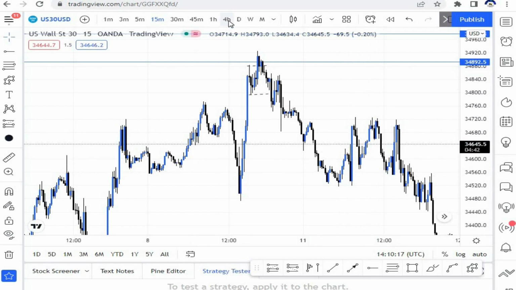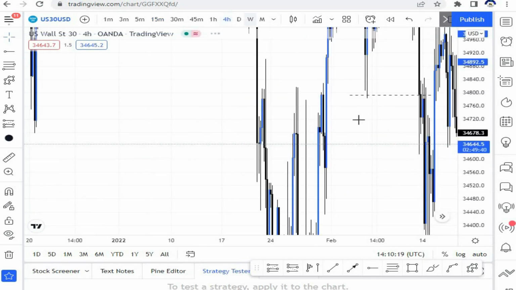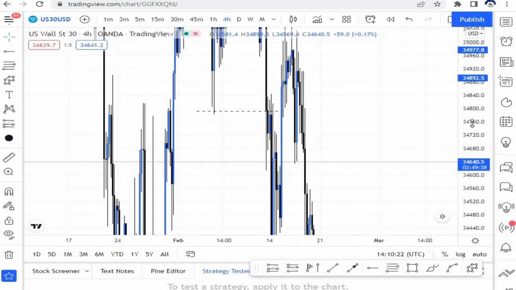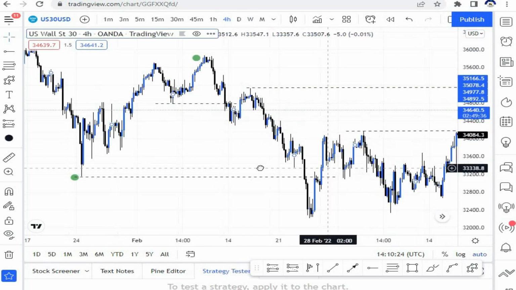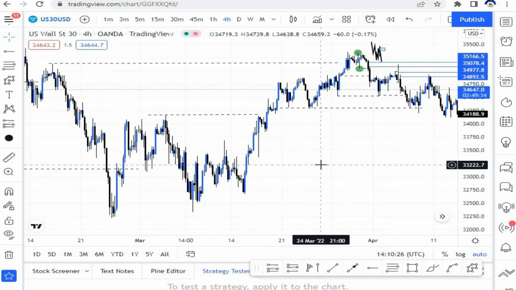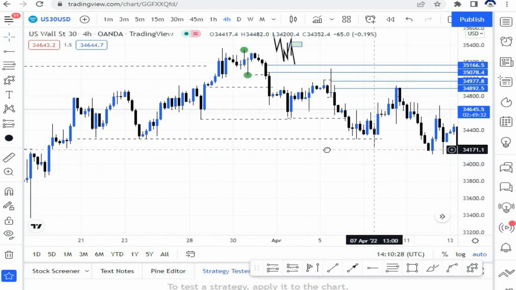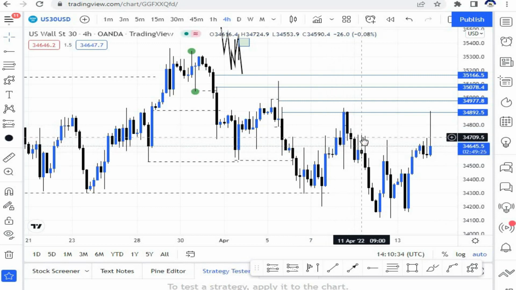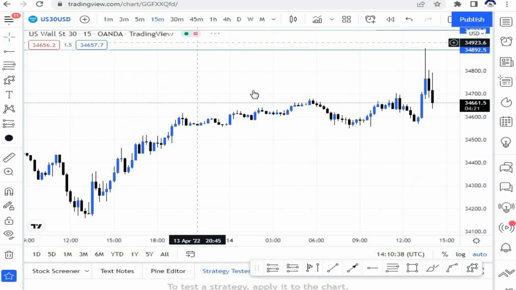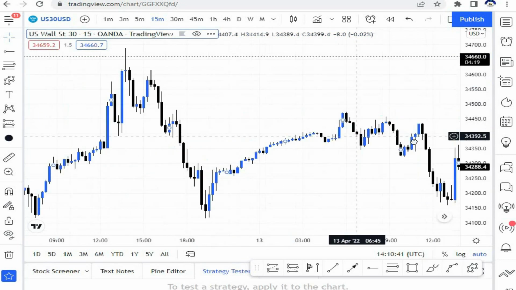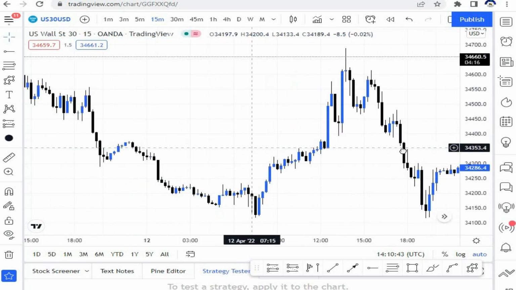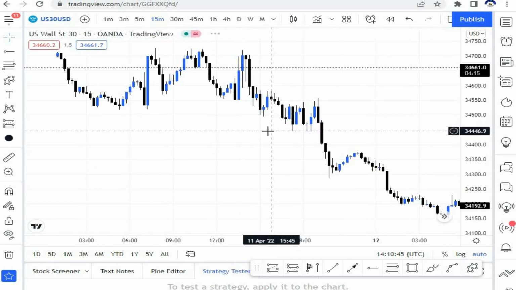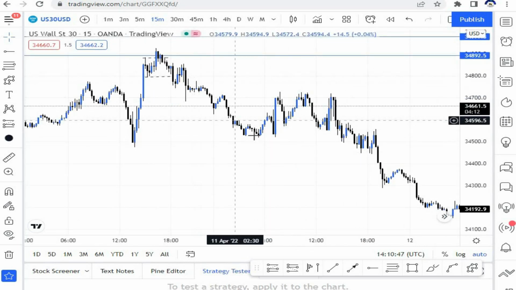And if you go to the H4 time frame, guys, let us show you. Okay, so we are talking about this zone area here. If you go to the H4 time frame, you'll find out this is a drop, base, drop right there. And if you go to the 15 minutes chart, it will be like this, guys, drop, base, drop.